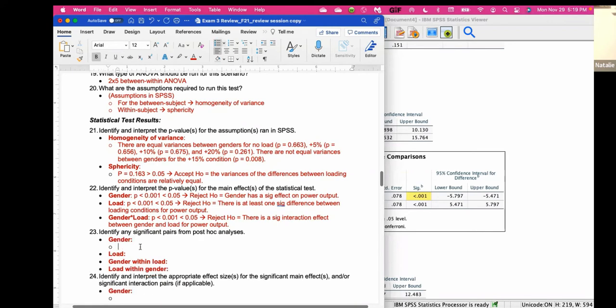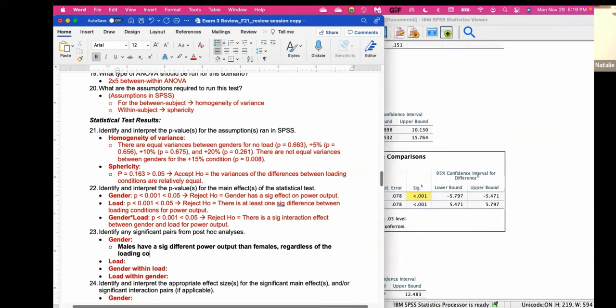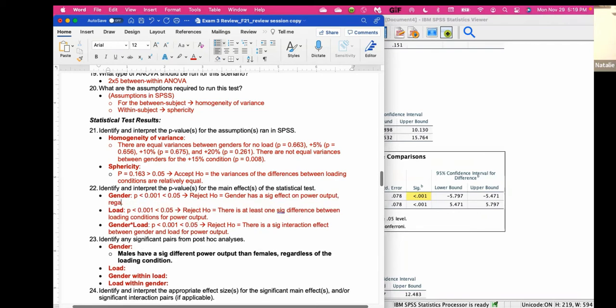This would just indicate that males have a significantly different power output than females, regardless of the loading condition. And I just realized I forgot to put the regardless part up here. I'm not going to dock you points if you don't put it, but it's just a good thing to note. So I'll add that really quick.